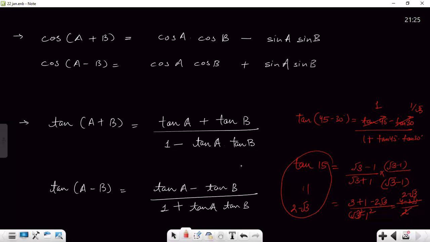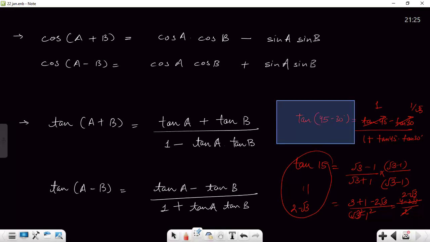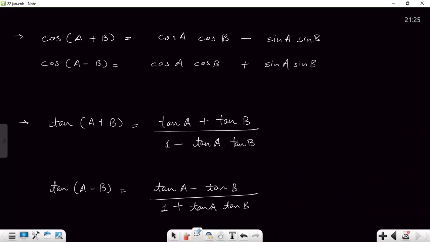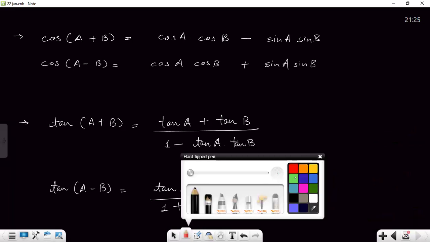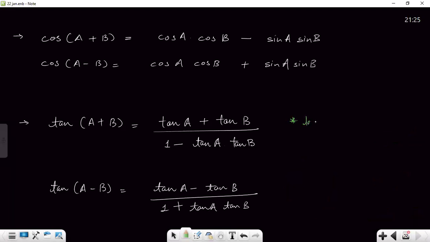Now there are some important formulas, like important use cases of this formula. So I'm going to write them. Tan of pi by 4. What is pi by 4?